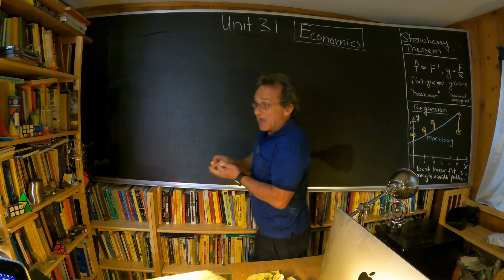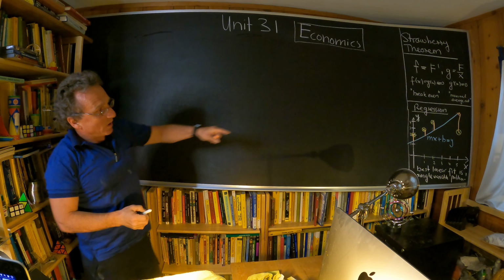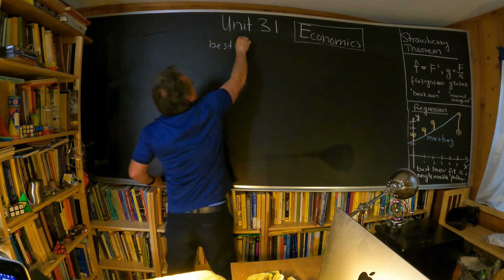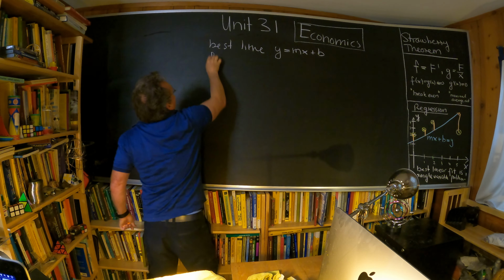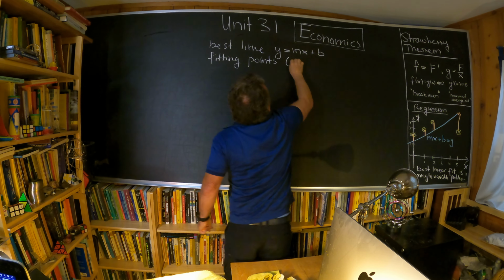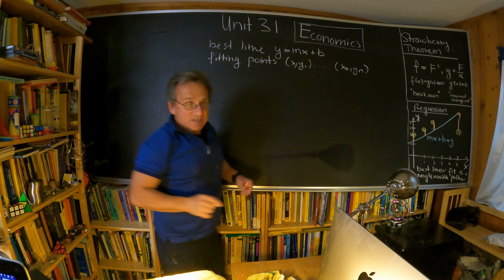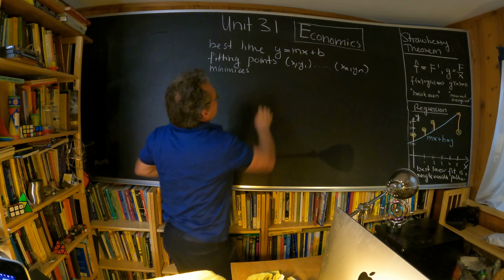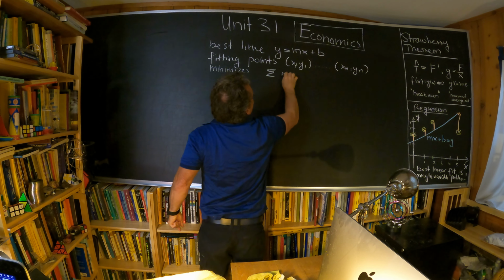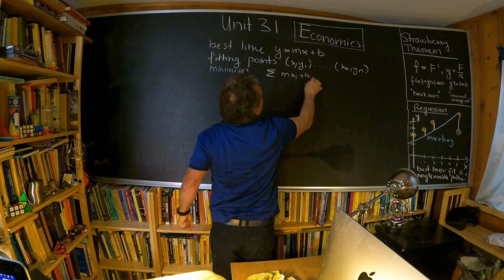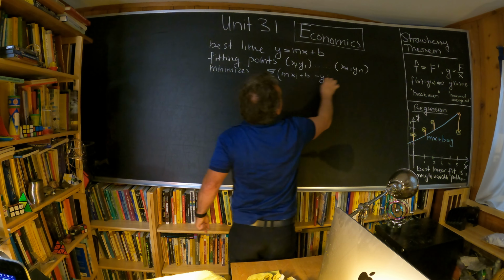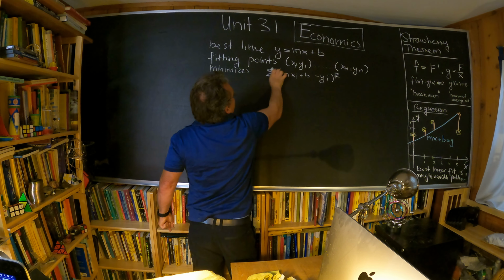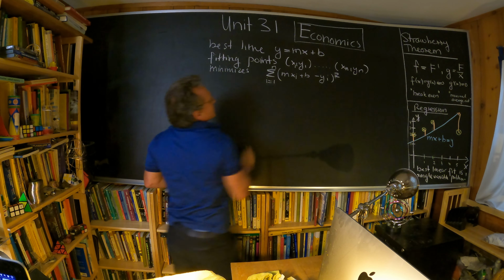So this is an idea of Gauss: the best line fitting some points minimizes, if we just plug in the x_i, the sum over i equal to 1 to n of (m x_i plus b minus y_i) squared.